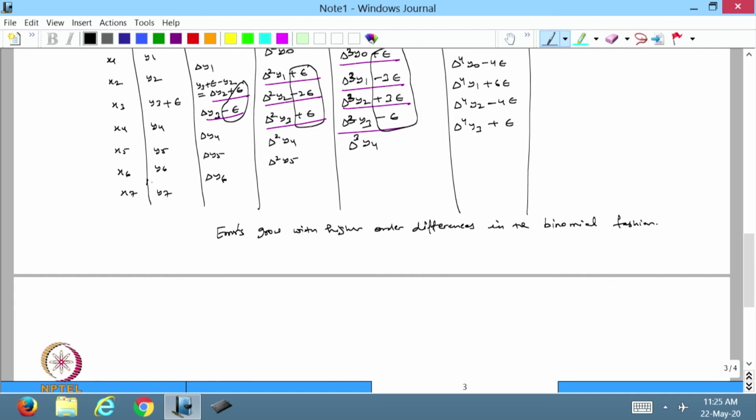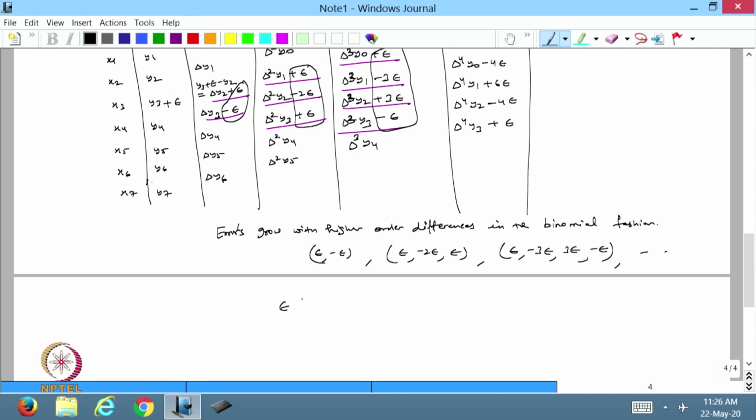So, in the binomial fashion means, if you see from here, the error is coming epsilon and minus epsilon, then it is coming epsilon minus 2 epsilon epsilon, then the third one is epsilon minus 3 epsilon 3 epsilon, and then minus epsilon. So, like this one it is coming. So, from here you can see that this one I can write as epsilon, and this is 1 minus 1. This one I can write as, taking epsilon out, so it will be 1 minus 2 1.